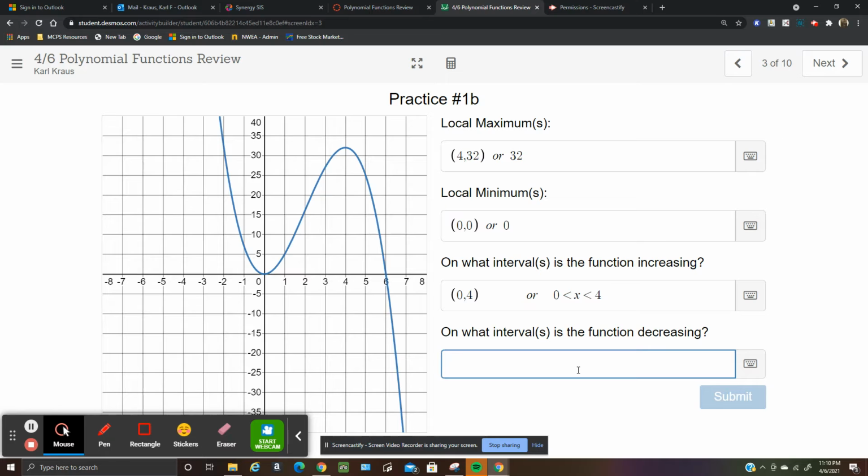And decreasing, it would be negative infinity to 0, and 4 to infinity.